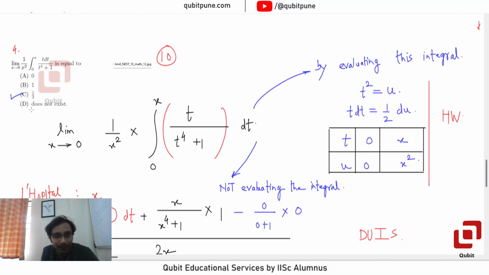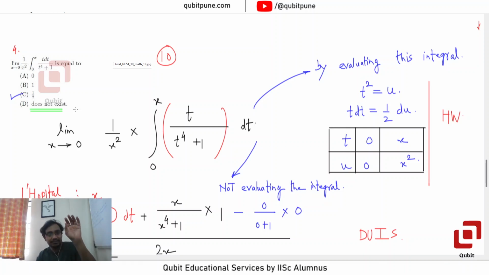That might lead to some confusion, because if we see all numbers as all 4 options, then we know that the limit exists, so anyhow that rule will be applicable. Fortunately for this case, we were not required to argue anything about the applicability of L'Hospital's rule. One reason is the function t upon t raised to 4 plus 1 is a good function in the sense it never becomes undefined, because it has t raised to 4 plus 1 in the denominator.